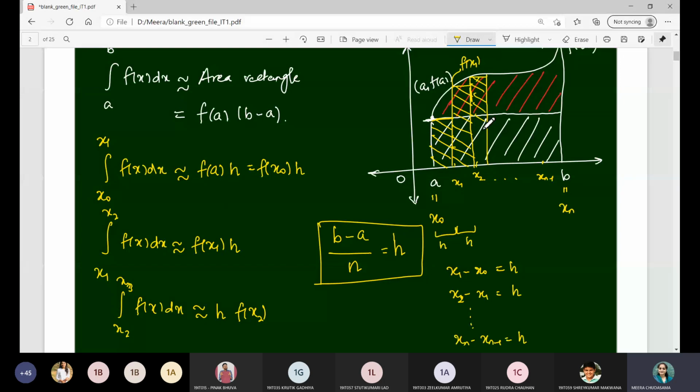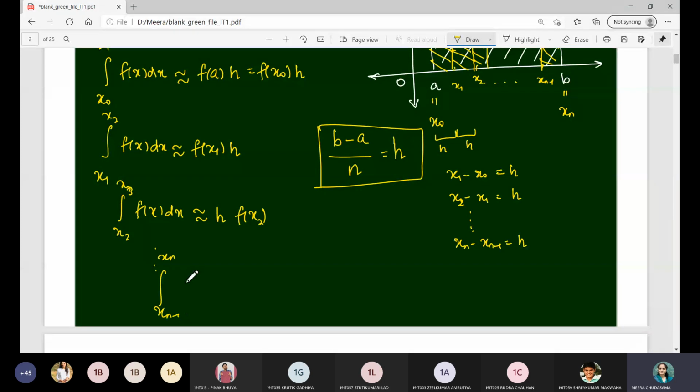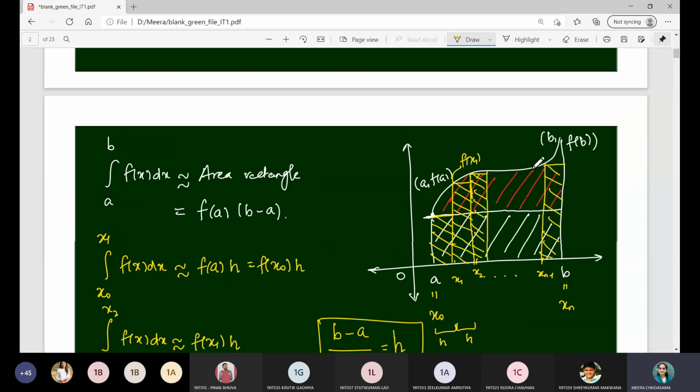So xn minus 1 to xn f of x dx will be approximated as h f of xn minus 1. So now the area under the curve from a to b is the same as the sum of all the areas of these rectangles. That means the sum of all these quantities, first one, second one, and so on.